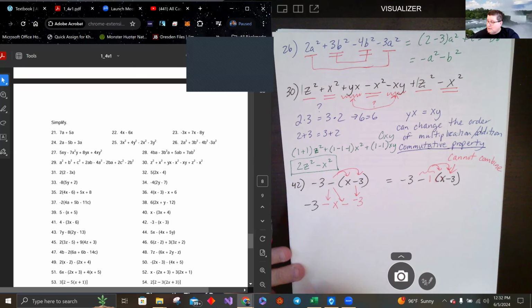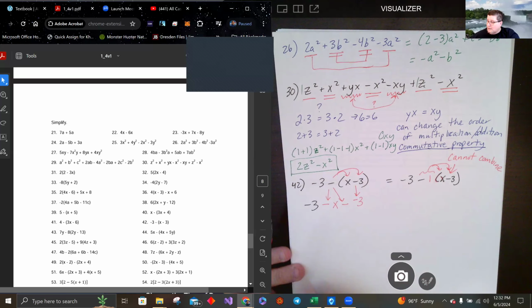I told you the addition, we can change the order. You have to keep the things together. If it helps you to keep the things together, write negative numbers with a plus in front of them. And then you can change the order of anything that's with pluses between them. I can put the 3 before the negative x.